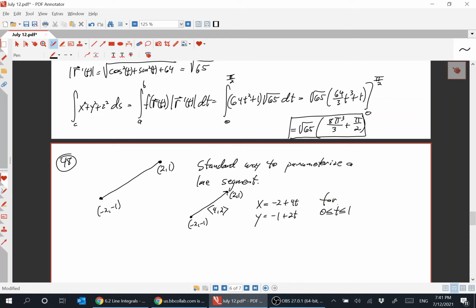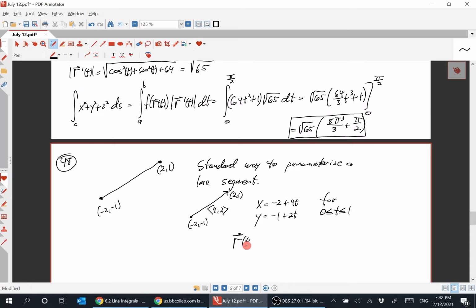So you pick the slope vector between those two points, which in this case is <4, 2>, and then you take the tail end point of the vector and write the parametric equations like this: (x, y) is equal to the tail point (-2, -1) plus the vector times t, for t going from 0 to 1. So for t equal to 0, we're here. For t equal to 1, we're there.